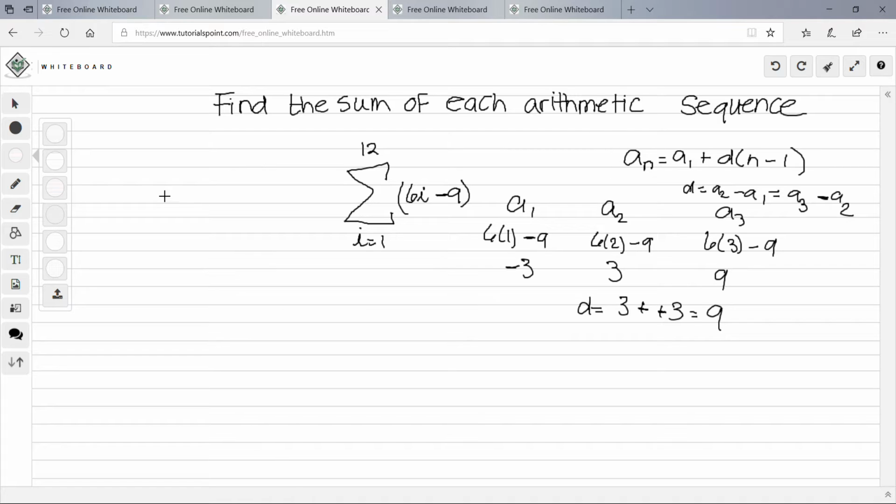Good. So now we can put it back in this formula. We know our first term, which is negative 3, plus difference, which is 9. We don't know what n is. The goal is to find the nth term.